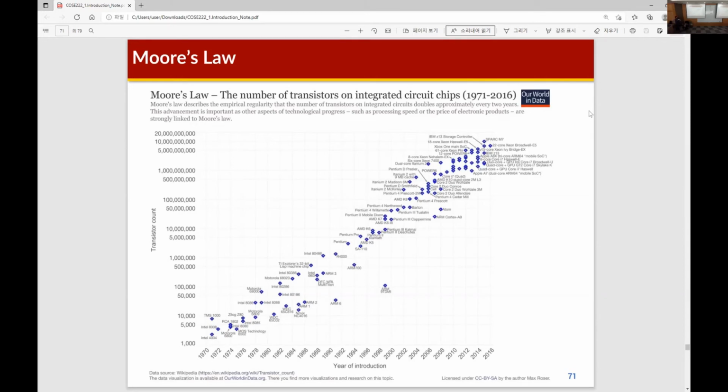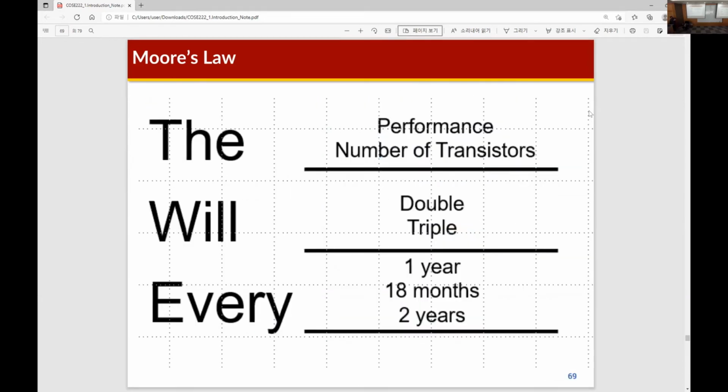We can find that this graph is nearly linear, and the y-axis is on a log scale, which means the number of transistors increases exponentially. That's what Moore's law says: the number of transistors increases exponentially every year.